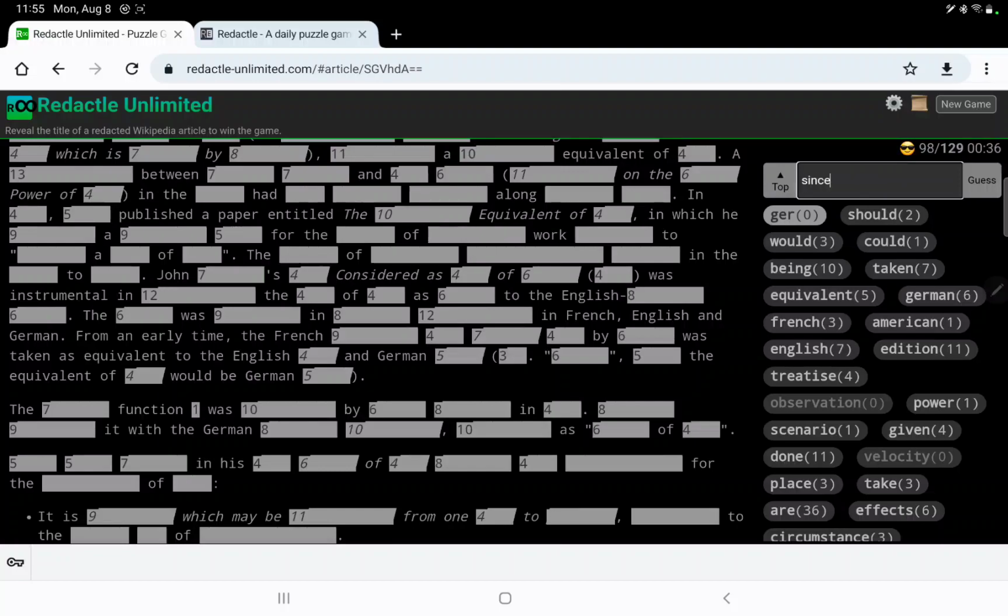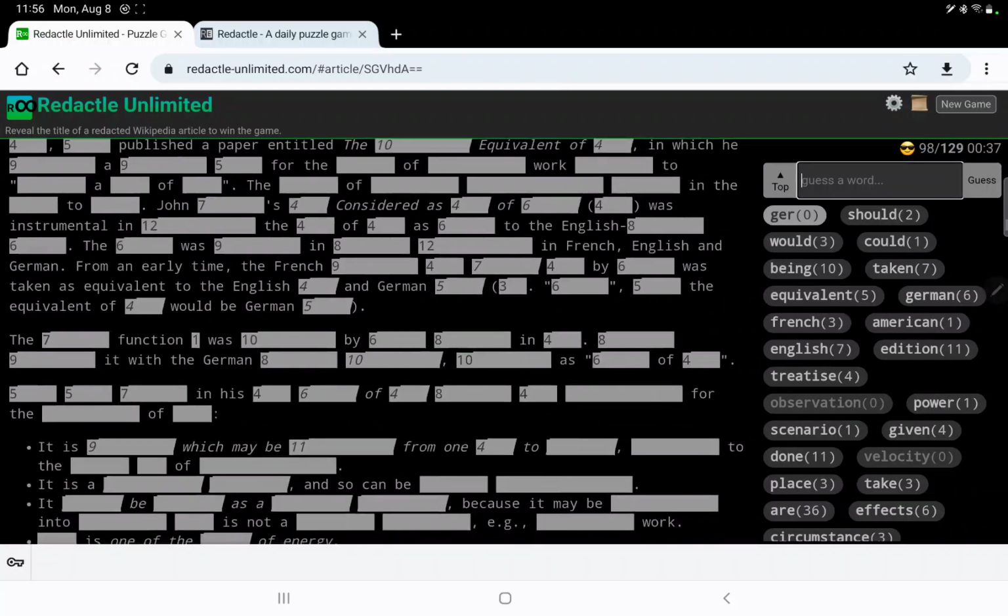Oh, since? No, I guess since isn't redacted. Somebody blanked it with the German 8, 10, 10 as 6 of 4. So not combined it, that's only 8 letters.